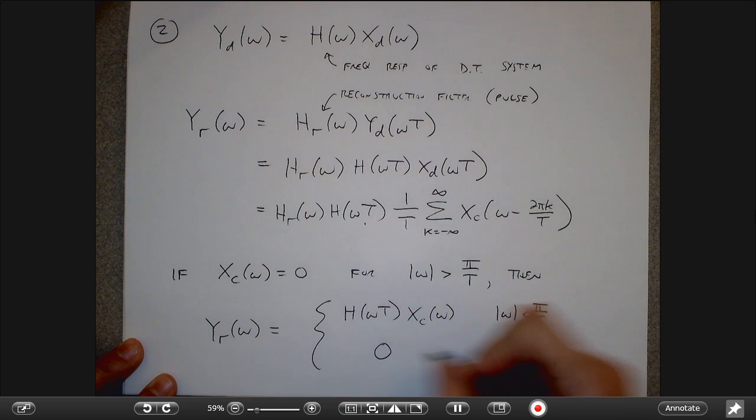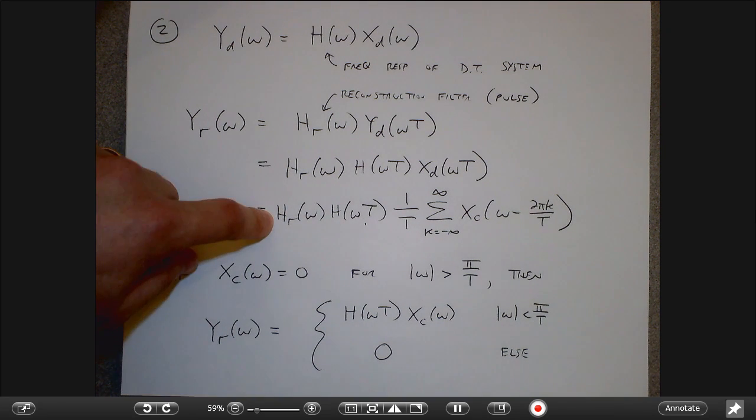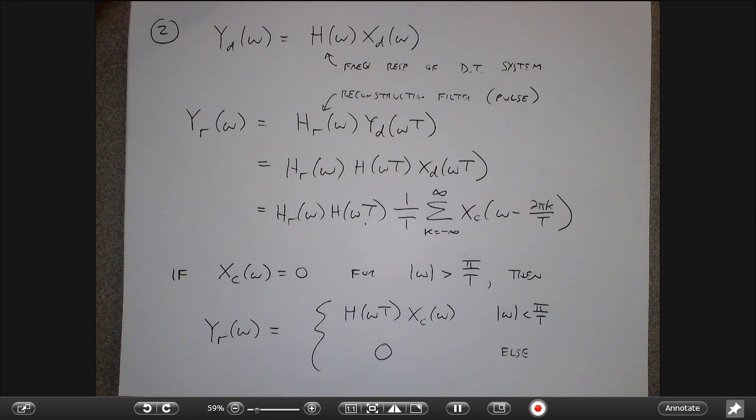And it's going to be equal to 0 outside. That's exactly the effect of this reconstruction filter. That's just notching out the low-pass part, taking the middle copy.